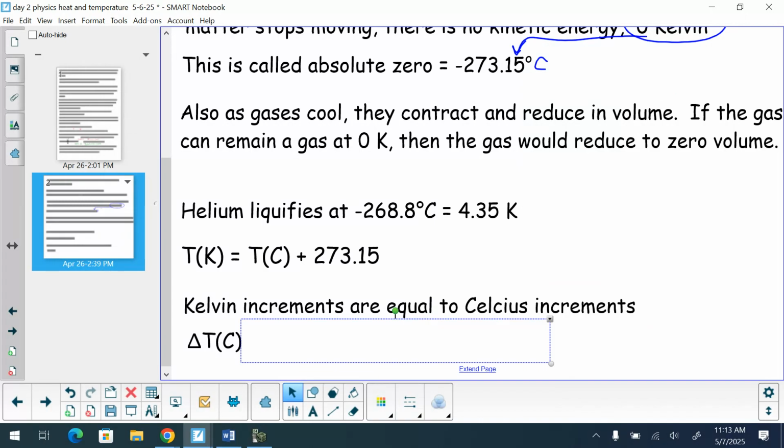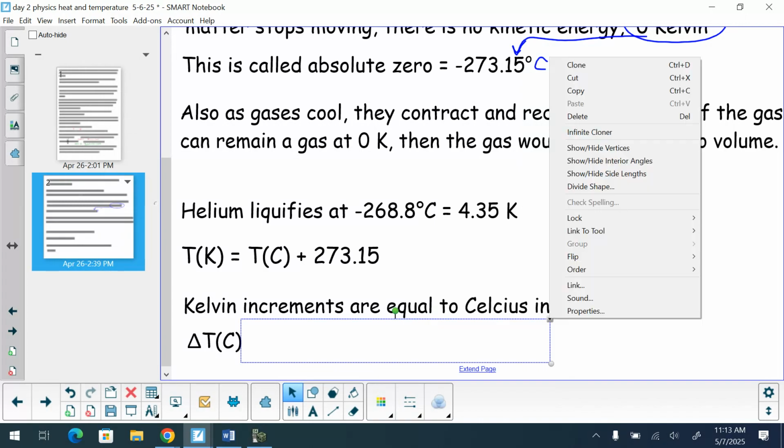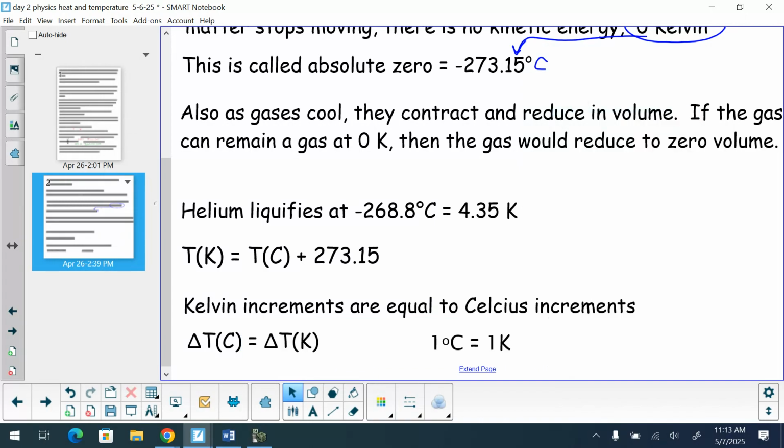Which will then lead to the idea of your change in temperature, your delta T in Celsius will equal your delta T in Kelvin. Which is nice if you're looking at a change in temperature, which we will be.